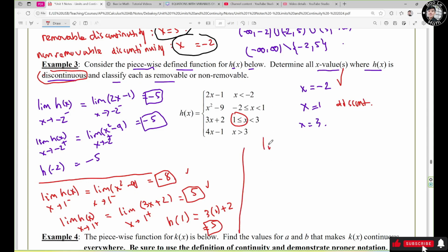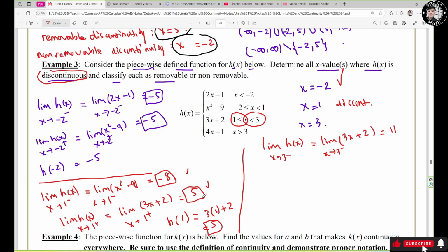So we need to find the limit of the function h of s when s approaches 3 minus. For 3 minus, we're going to pick this one right here, the function 3s plus 2. So it's the limit of 3s plus 2 when s approaches 3 minus. Now substitute 3 for s, so the answer should be 11.